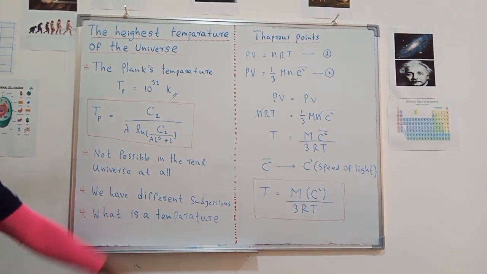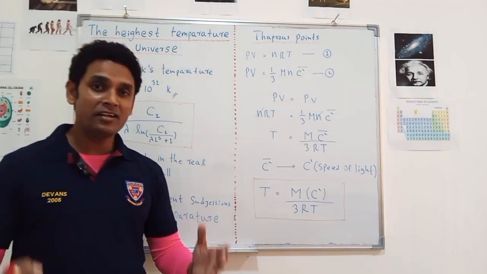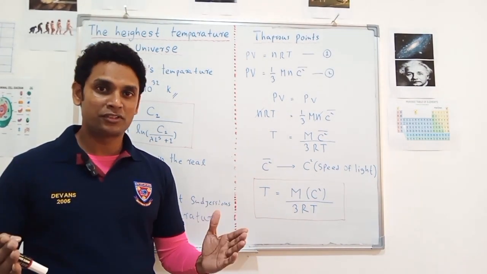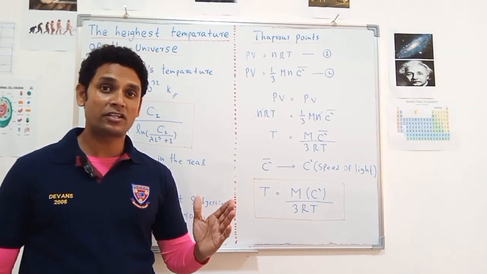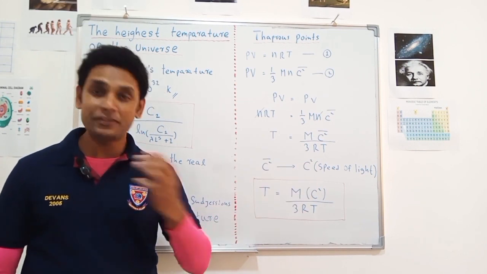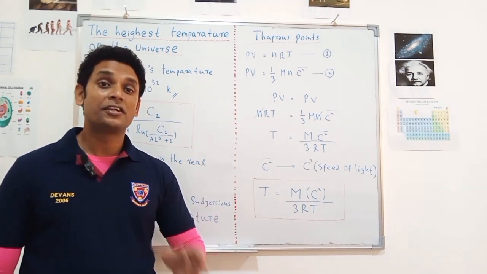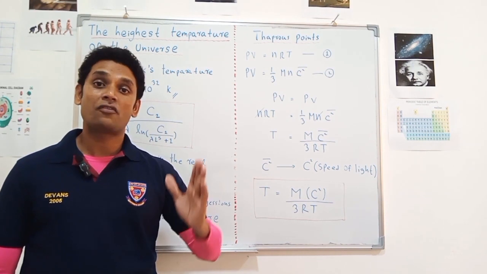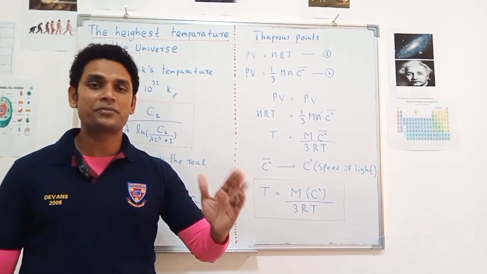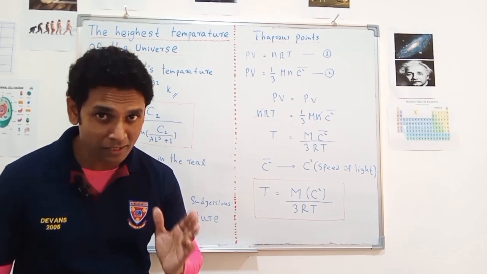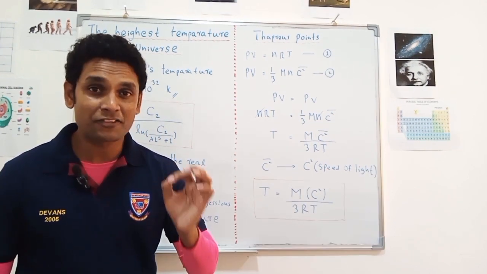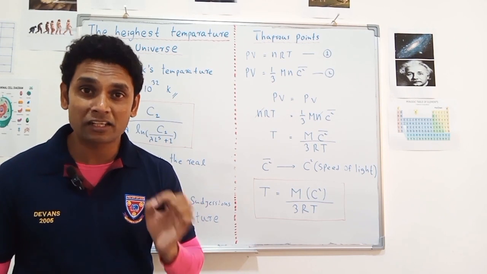What is temperature? To calculate the highest temperature of the universe, first of all we have to understand what temperature is. In the last video also, we discussed this. Temperature is an indication of the thermal energy that any object has. Thermal energy in the object does not exist as thermal energy, it exists as a form of kinetic energy, as particle vibrations.